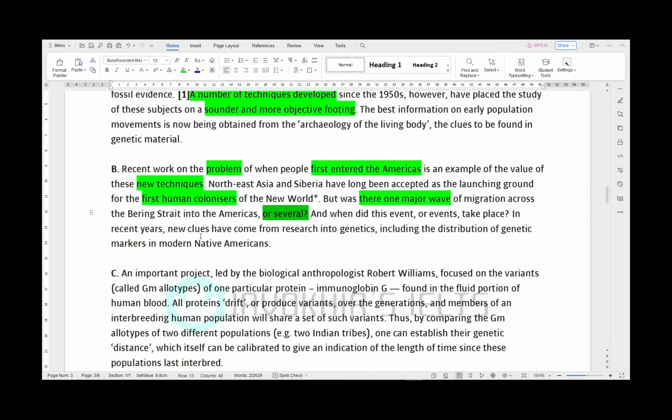In recent years, new clues have come from research into genetics, including the distribution of genetic markers in modern Native Americans. So basically what's happening here, I think, is that it's giving questions that are not answered. They're asking, was there one major wave or were there several? And when did this event or events take place?